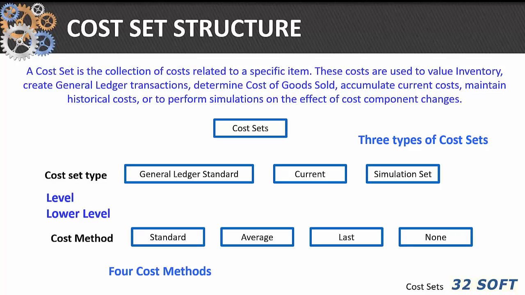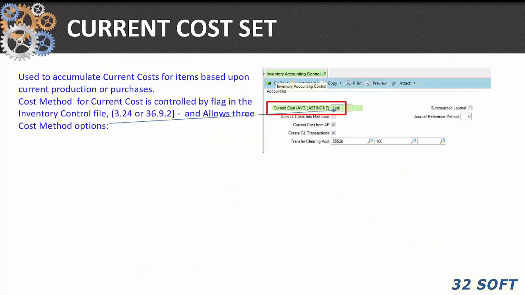And then you've got your 4 cost methods. So standard is normally what's going to be used for your general ledger. You can have average, or average can be either last, none, driving into the current, and then you've got your simulation sets.